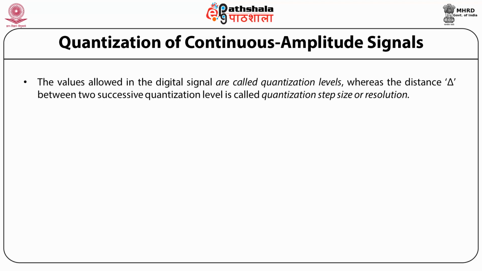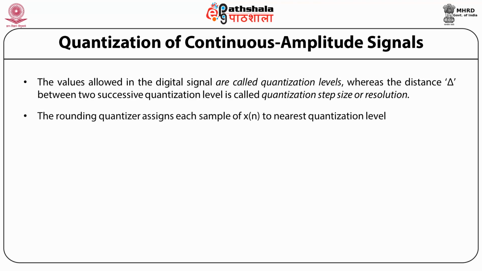The values allowed in the digital signal are called quantization levels, whereas the distance delta between two successive quantization levels is called the quantization step size or resolution. The rounding quantizer assigns each sample of x(n) to the nearest quantization level.